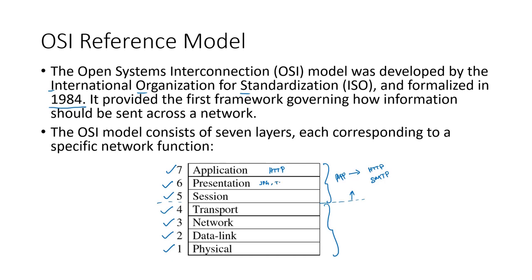If it is text, you manage it like text, or if it is compressed, like a zip, or if it is something else, like different encoding mechanisms such as base 64, or encryption, decryption, encoding, decoding, all these things are managed by the presentation layer.